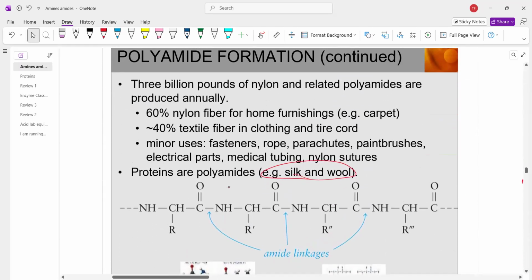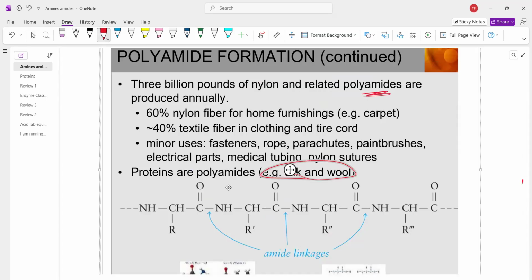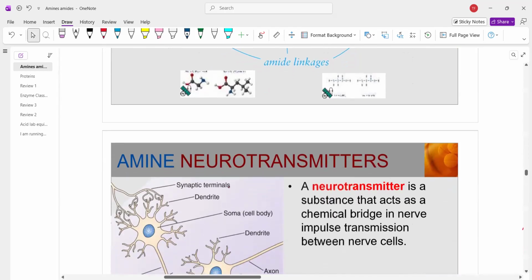A very early synthetic polymer was discovered using amides, and that's nylon. Nylon has been produced from the 30s, possibly even the 20s. It's a pretty old polymer, been around a long time.